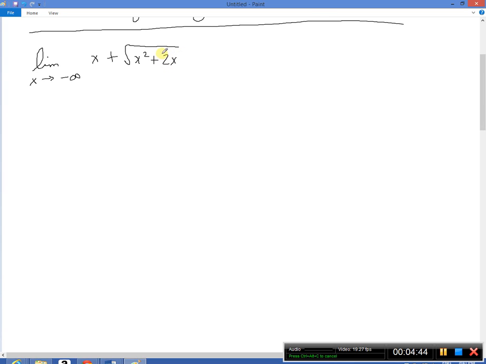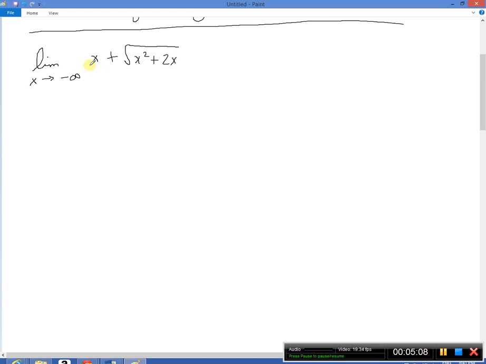Okay, first reality check. What happens as x goes off to negative infinity? Well, then obviously the first term is going to negative infinity. Inside here, you're squaring x, so it's going off to positive infinity. This isn't going to be as big, so positive infinity is going to rule here, and so the square root of that's still going to positive infinity, but the first term is going to negative infinity.